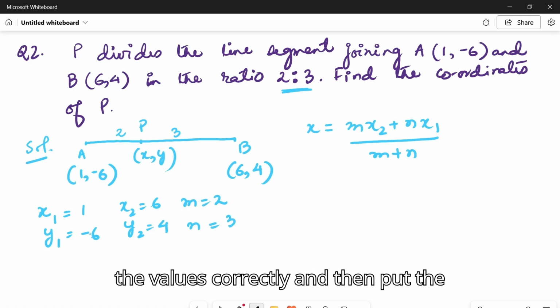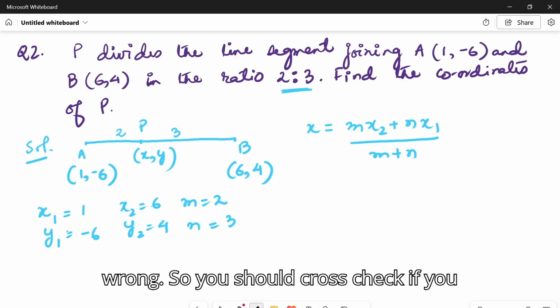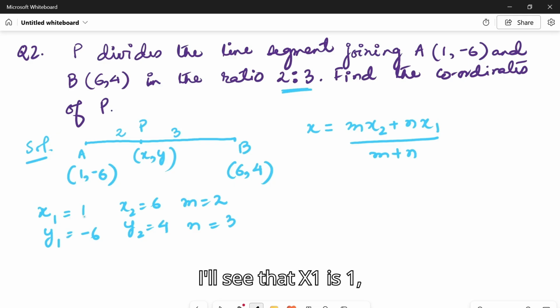You should write the values correctly and then put the values in the formula. You will not go wrong. So you should cross check if you have written all the values correctly. x1 is 1, y1 is -6, x2 is 6, y2 is 4, m is 2 and n is 3.